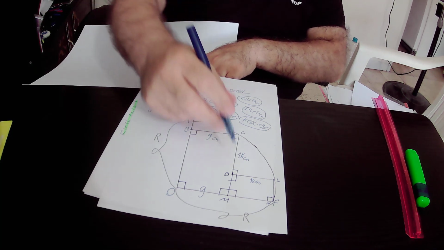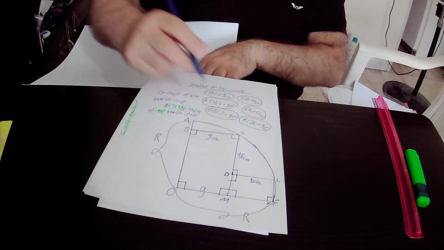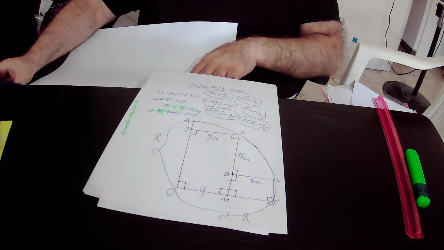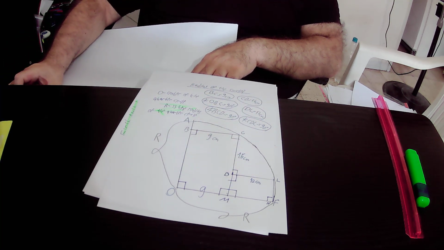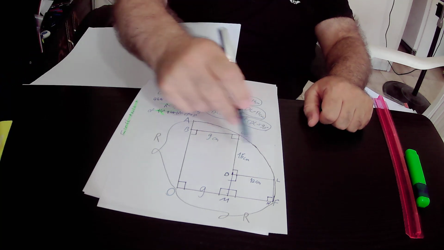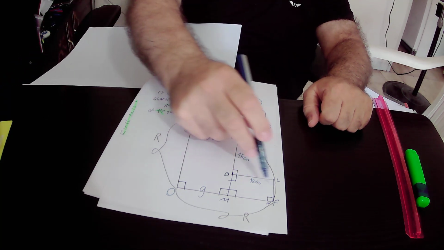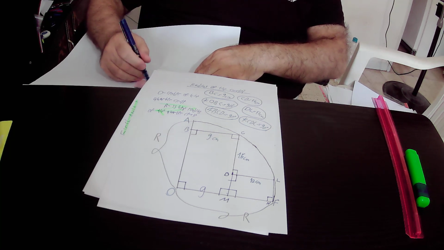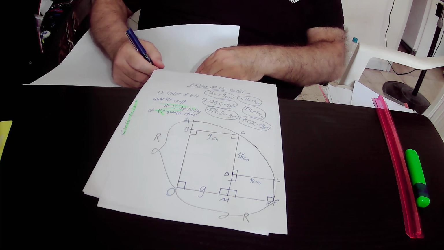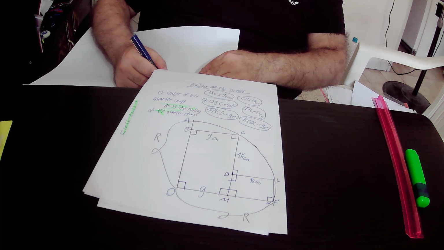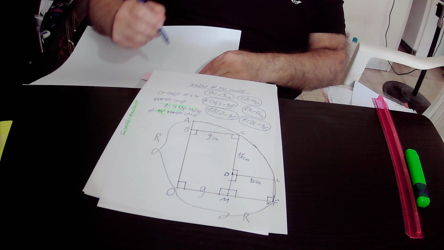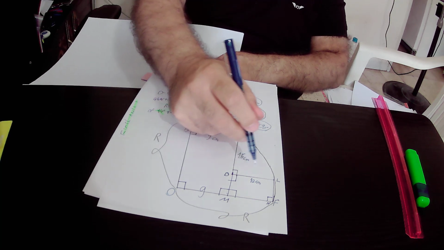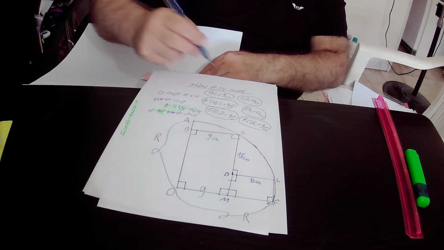Inside quadrilateral LDMN, we have 1, 2, 3 right angles. And the sum of the right angles is 90 times 3, which is 270 degrees, plus the size of the fourth angle, that is actually angle DLM.